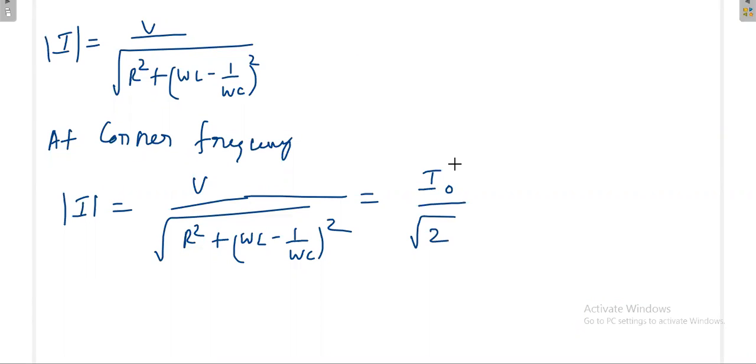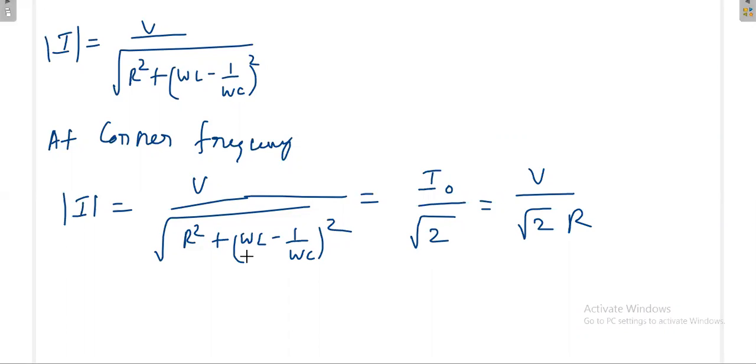You know what the maximum value is, because when ωL and 1/ωC are the same, it is V by R, that is I₀. I₀ I can replace by V by R, and root 2 is already there, so V divided by root 2 R. Now I have to relate these two.